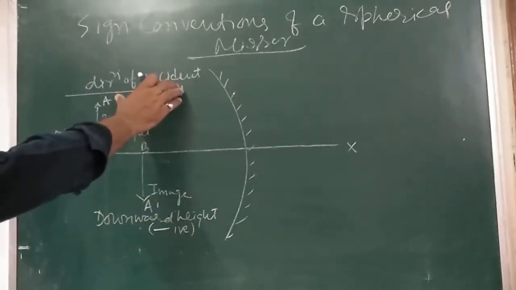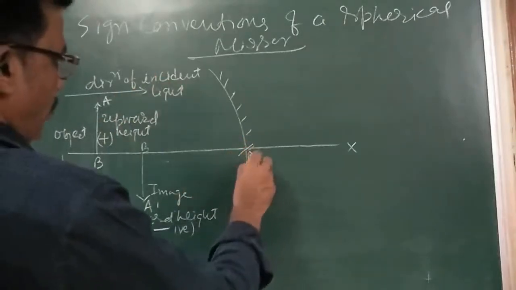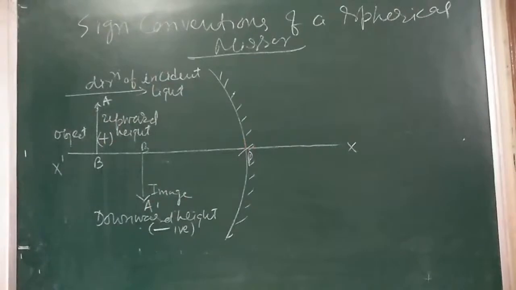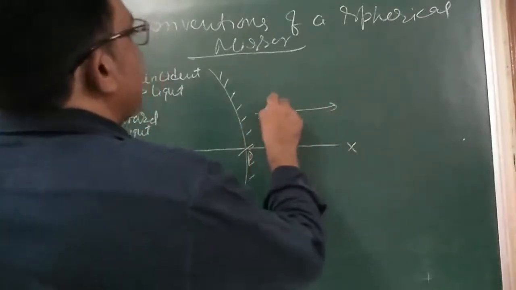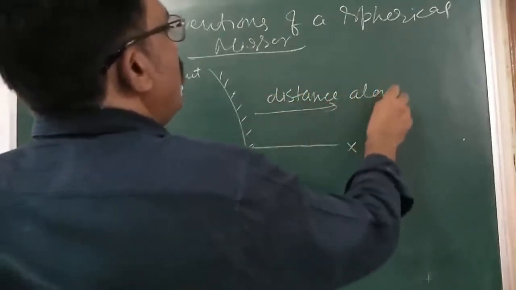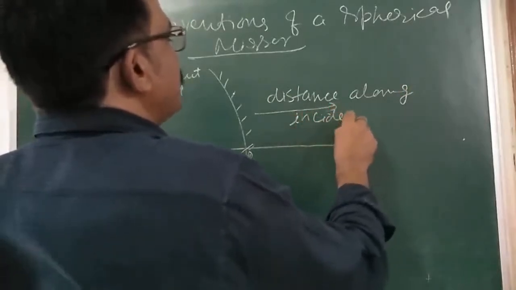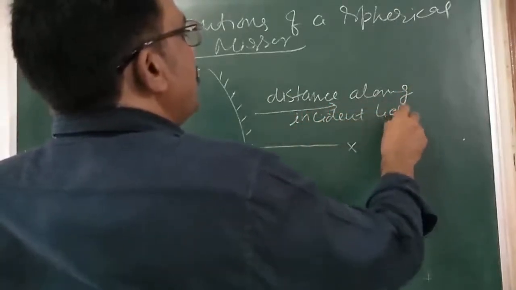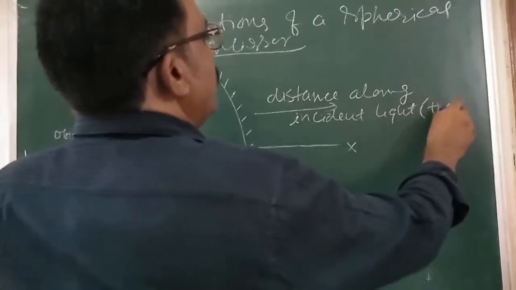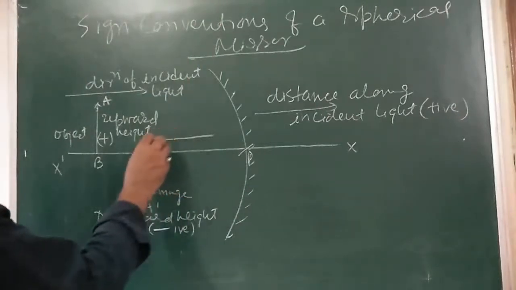Direction of incident light. Now, this is the pole. Distance along the incident light will be taken as positive.